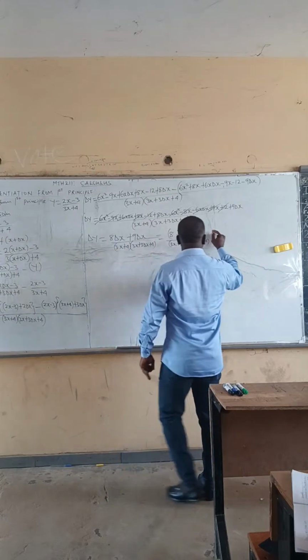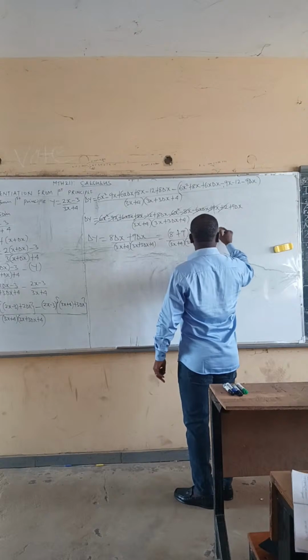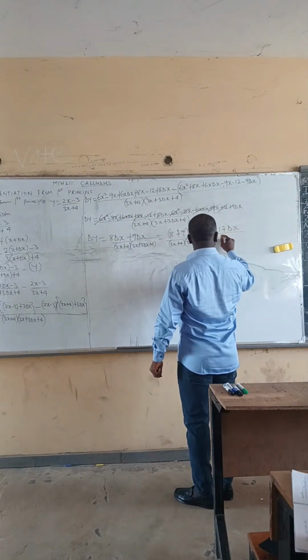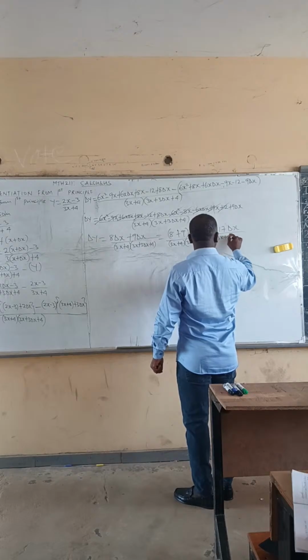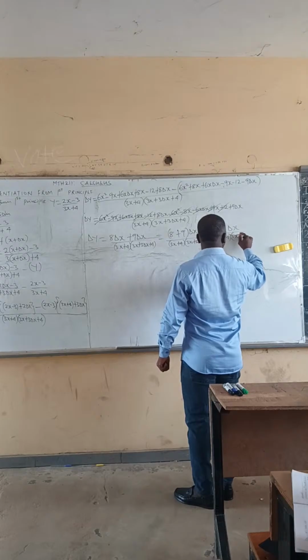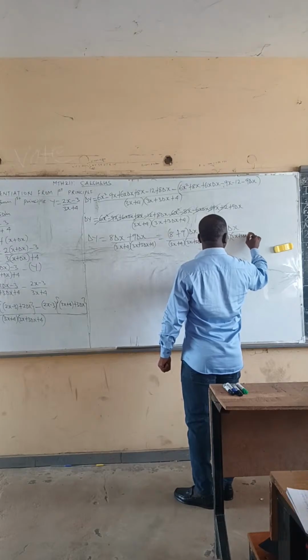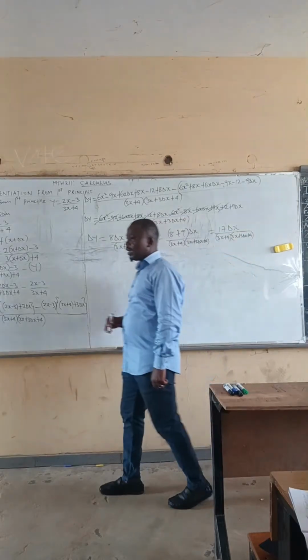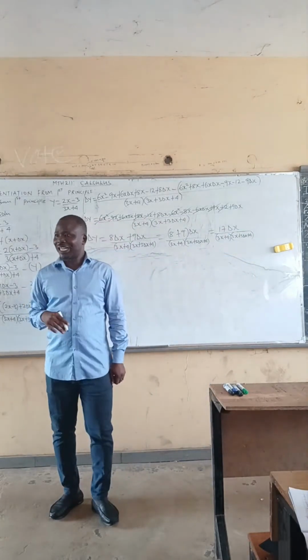Amen? Then this is the same thing as 17dx all over what? (3x plus 4), close bracket, (3x plus 3dx plus 4). Okay. So what do we do at this point?